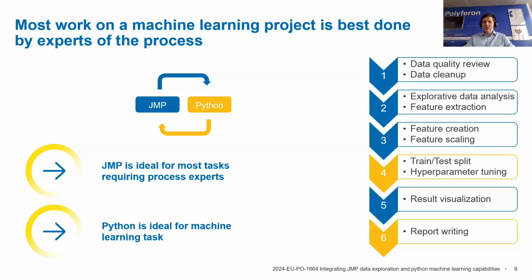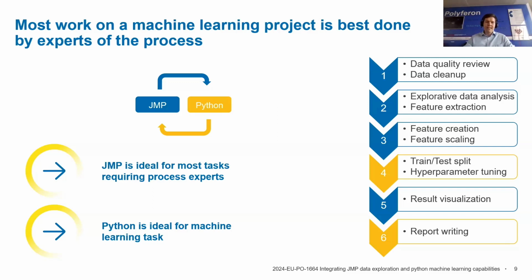But just in the workflow, we use JMP for a few process steps, and then in the background for other processes Python, but the user will never see any Python. In JMP, for example, you would explore the data, clean up the data, scale it, or create features, all the typical steps which also waste most of the time of any machine learning scientist.